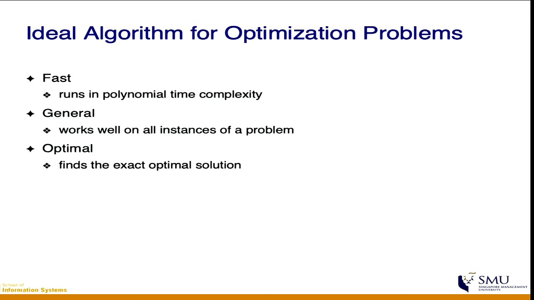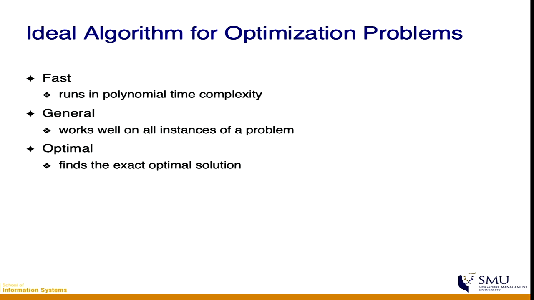If it runs above polynomial, for example exponential, like 2 to the power of n, or factorial, like n factorial, then it's not going to run fast. The second is general. You want it to work well on all instances of a problem, which means you don't have to make any assumption about how the problem is specified, and you can still find a solution. The final one is optimal, meaning it's going to find the exact optimal solution. It's not going to find anything worse than that. It's going to find the very best one.